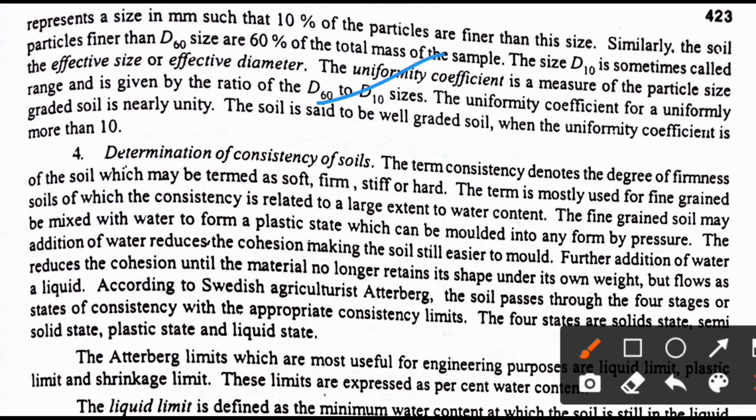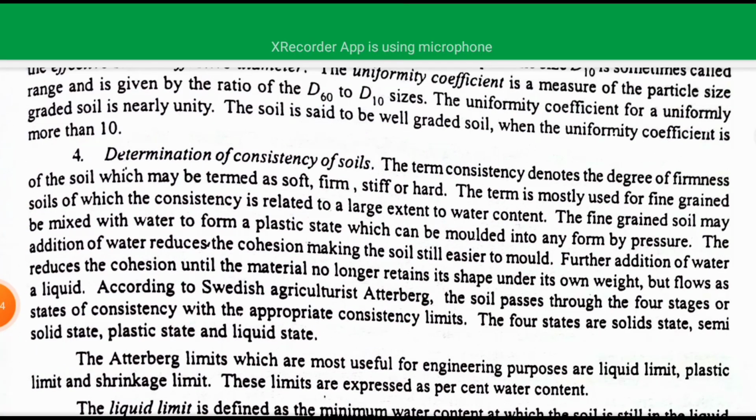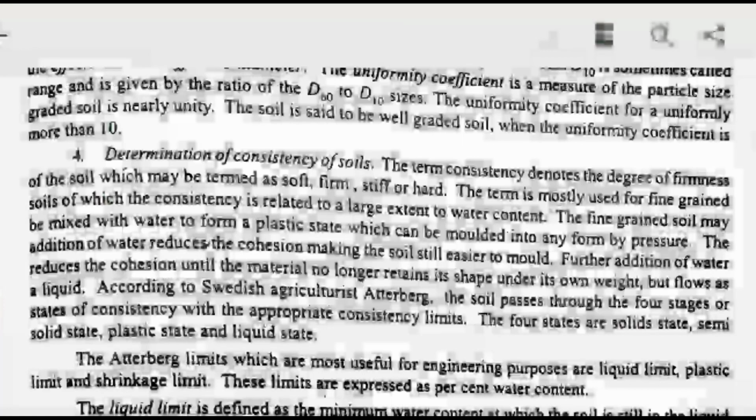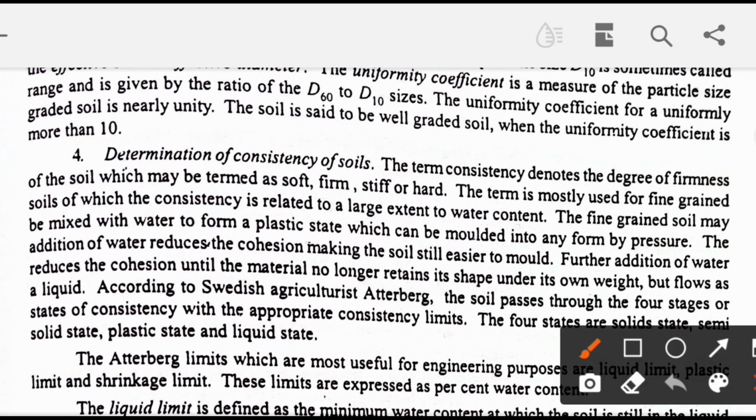The uniformity coefficient for a uniformly graded soil is nearly unity.